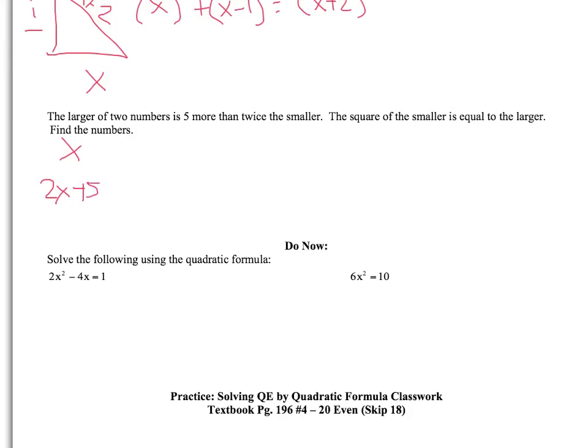And then it says the square of the smaller, that means x squared, equals the larger, so 2x plus 5. Then it wants us to solve it. Well, the way we solve anything with a squared is to set it equal to 0. So I'm going to subtract the 2x and subtract the 5.